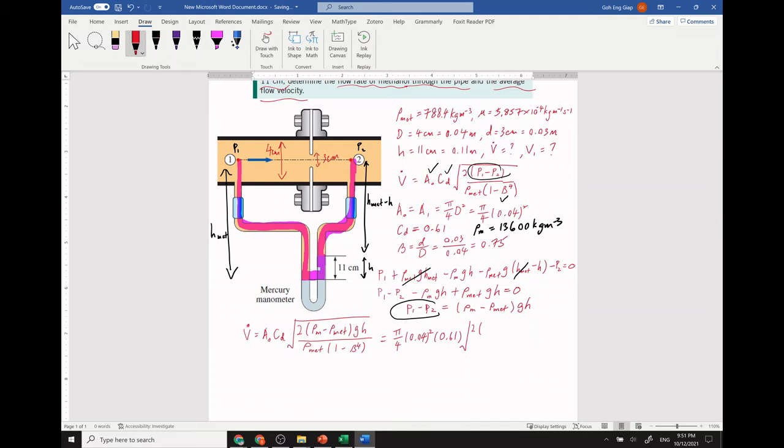So we can put here 13,600 for mercury minus rho mat. Rho mat is 788.4.